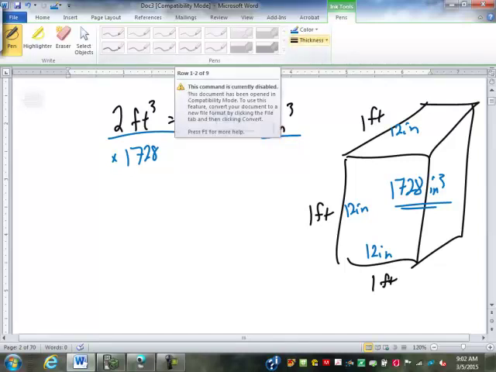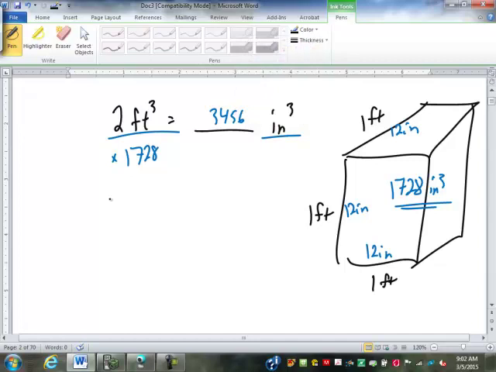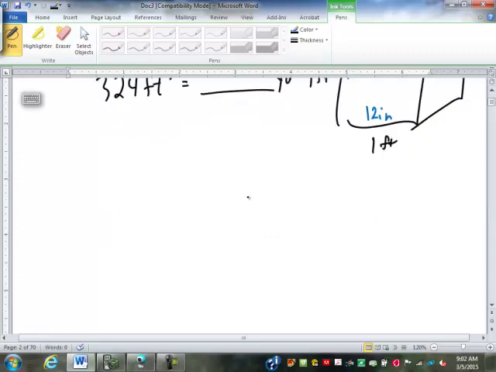Here's a calculation I do a lot. Something like this: cubic feet and cubic yards. Think about it.